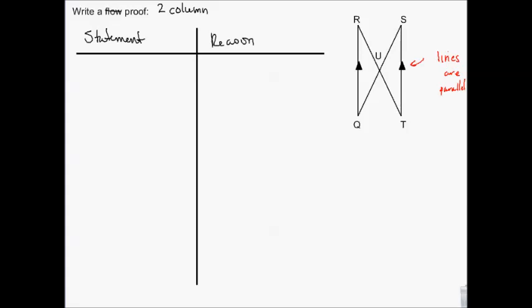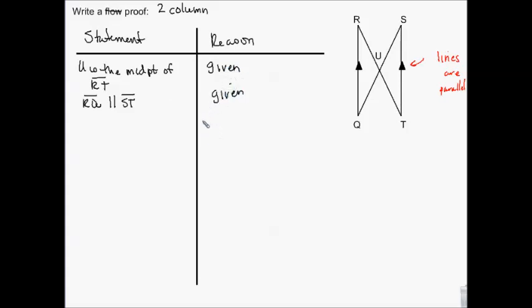Somehow I deleted it. So you'd be given that U is the midpoint, since I labeled it wrong, of RT, and that RQ is parallel to ST. So those would be given.